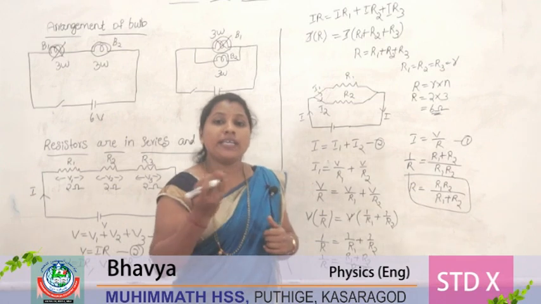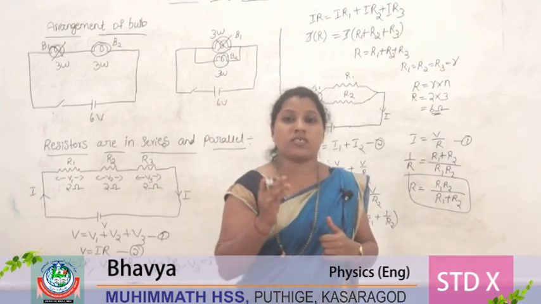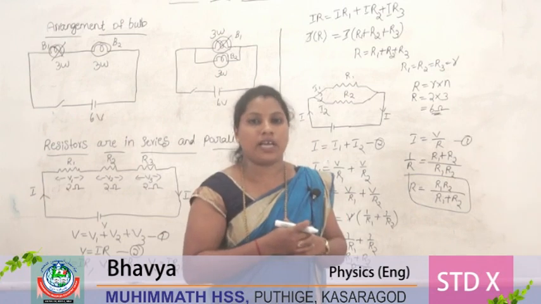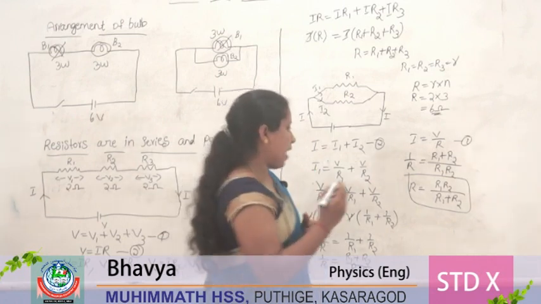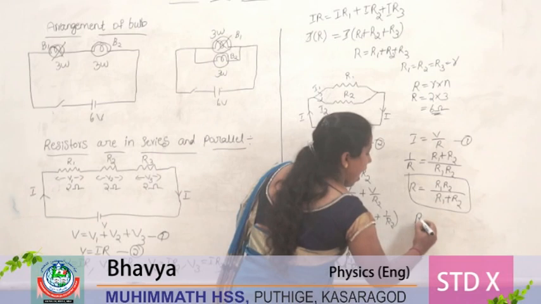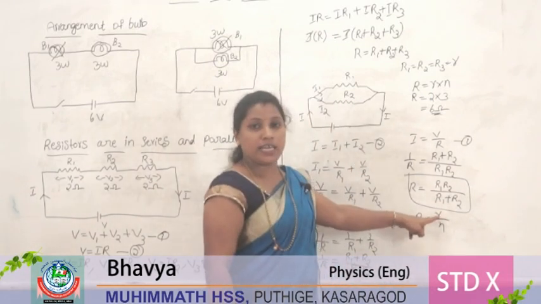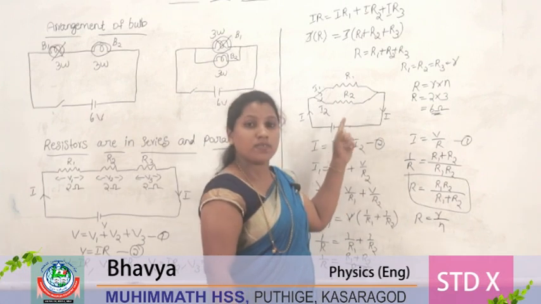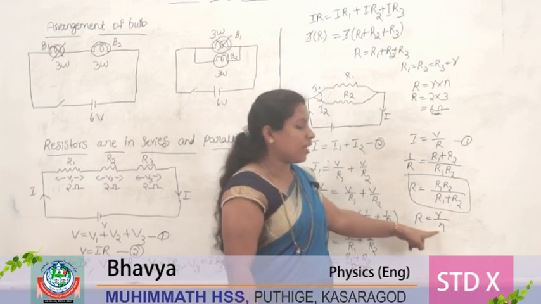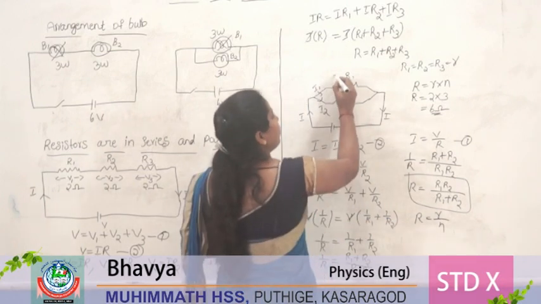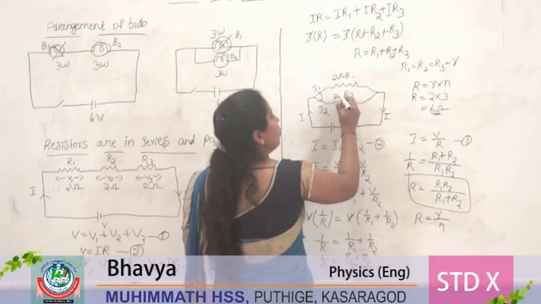If n number of resistors with the same resistance are connected in parallel, how can we calculate it? We use the formula R is equal to R divided by n, where R is the resistance of each resistor and n is the number of resistors. Here 2 ohm and this also 2 ohm.